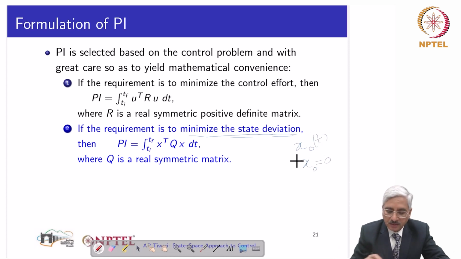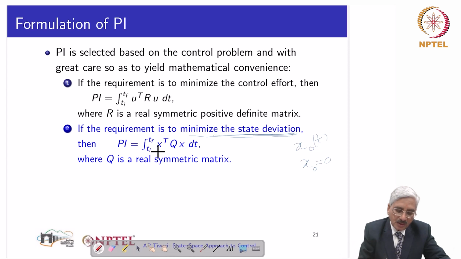It is required to minimize the state deviation from the equilibrium value, so x(t) minus x0(t), and we assume that the equilibrium is at the origin.